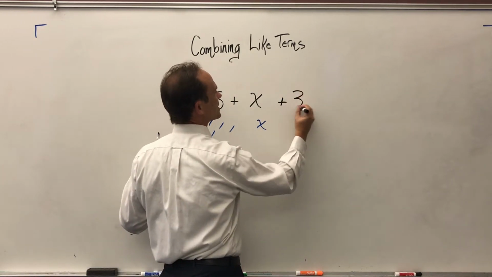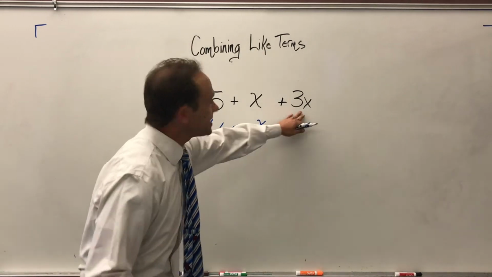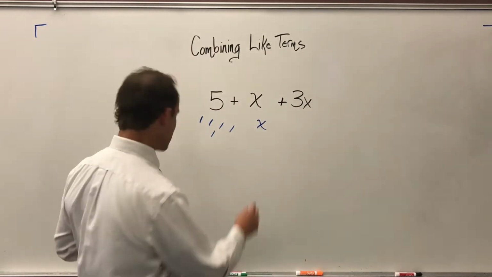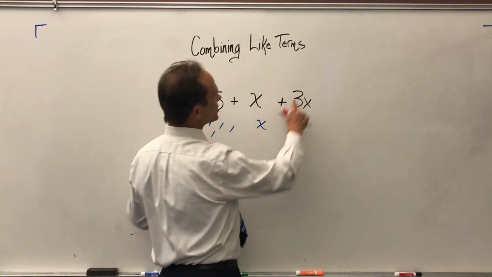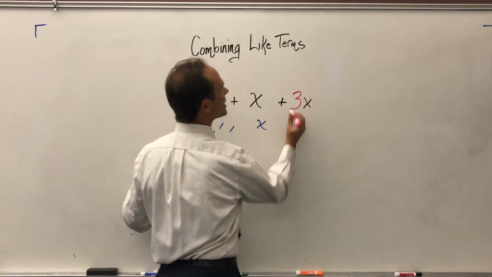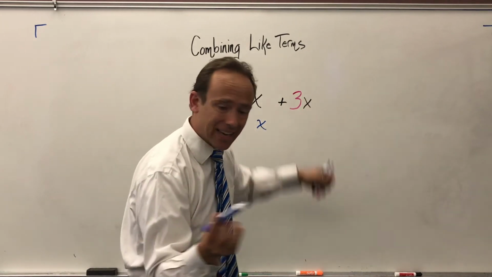Let's do 3x. Now again, I still don't know how many ones go into an x. But this number here is now kind of special because, if I switch its color to pink, what it's doing is telling me how many of those x's I have.